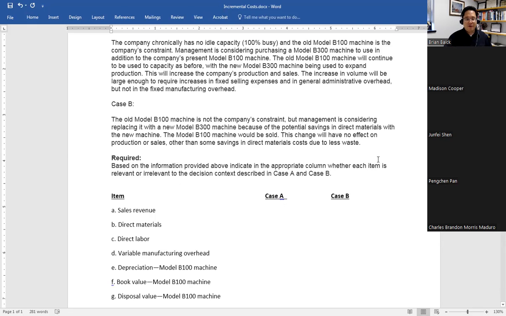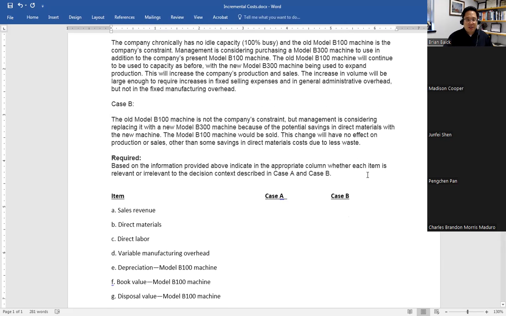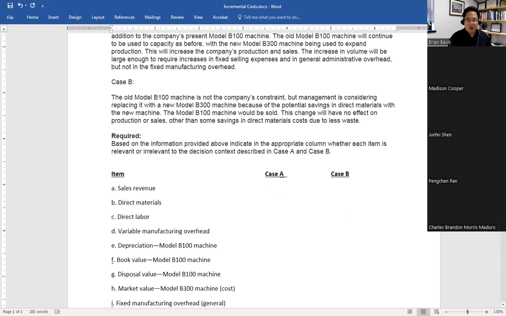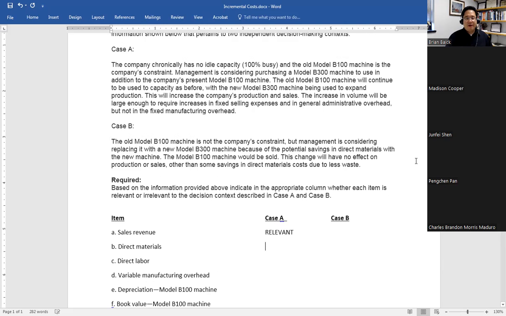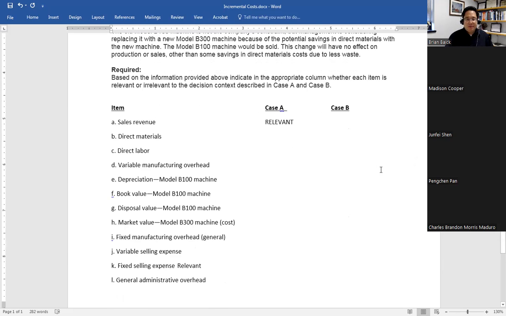Is sales revenue relevant? If you have both machines, I don't see why it would not be relevant. In other words, if I buy the new machine or don't buy it, could sales revenue be different?